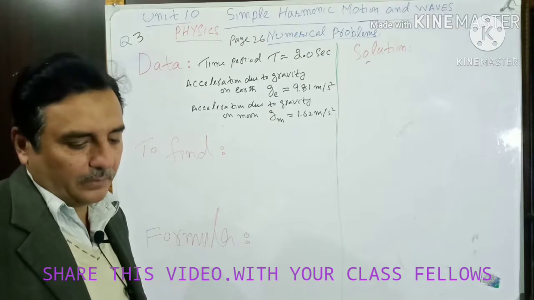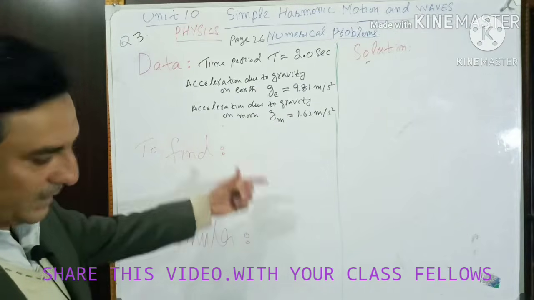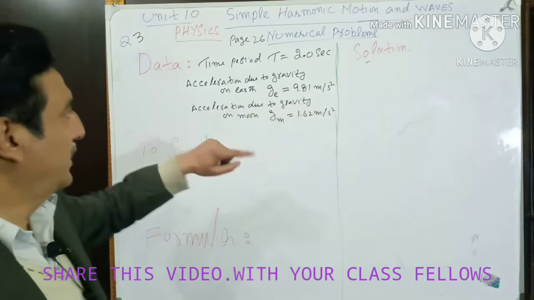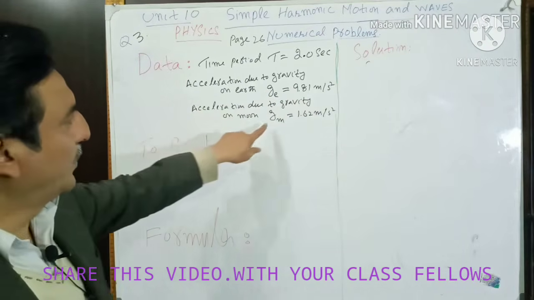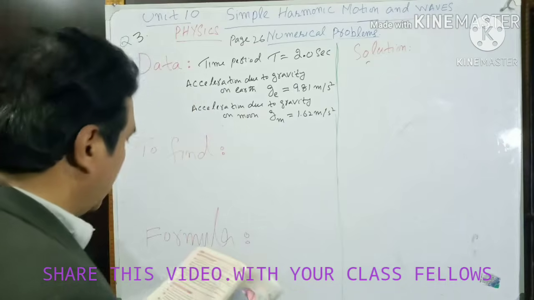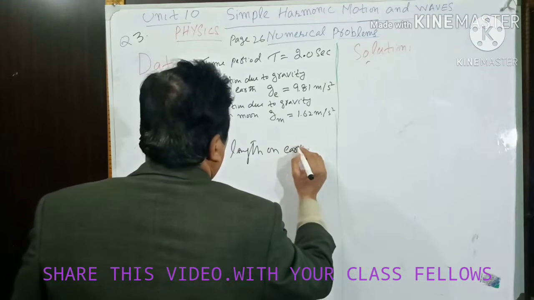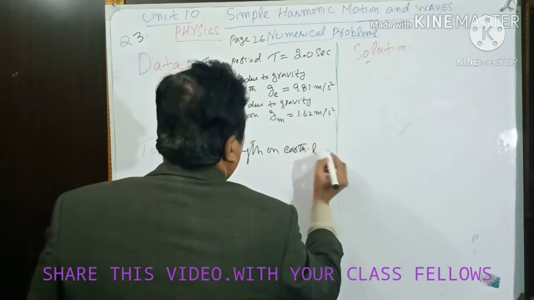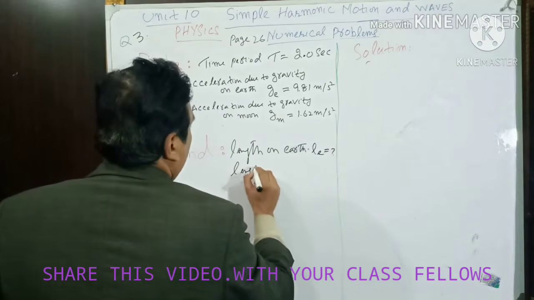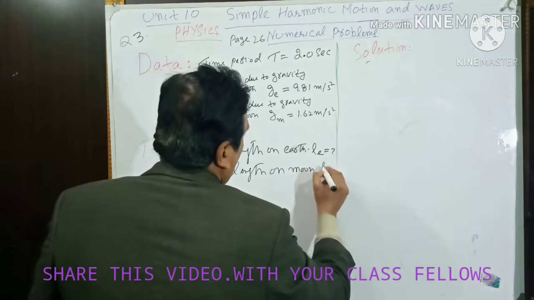How long must be a second pendulum on earth? पेंडुलम जो है जिसका टाइम पीरियड 2 सेकंड है, ज़मीन के ऊपर उसकी लेंथ क्या होनी चाहिए? जी की वैल्यू अर्थ के ऊपर 9.8 है, तो हमने जी ई से शो किया है, और मून पे 1.62 मीटर पर सेकंड. अब हमें फाइंड करना है length on earth, length on moon LM.